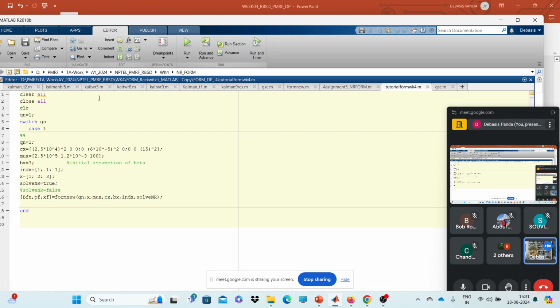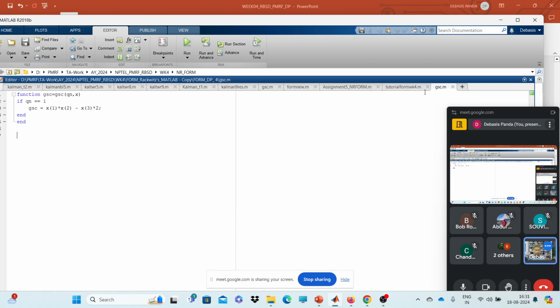Here is the main file from which I am calling all these functions. Here I am giving a question number; you can put in all the other questions and alter the switch and call them one by one to check whether your estimations are right. First, this is my Q1, which is related to your GSC. Q1 will take whatever limit state you provide in the GSC function file.